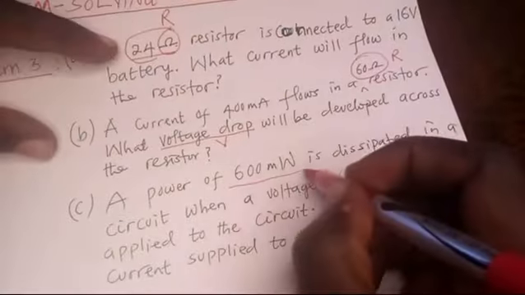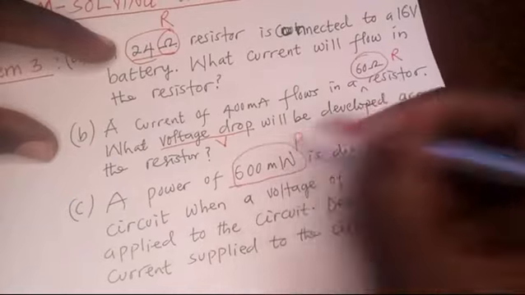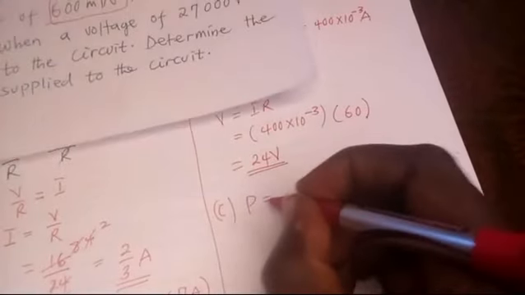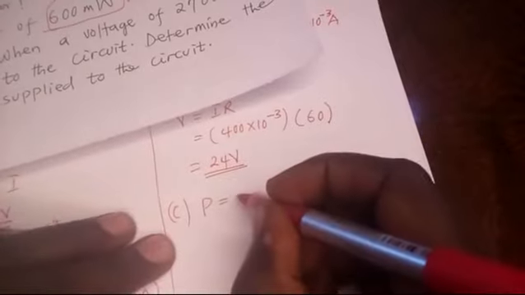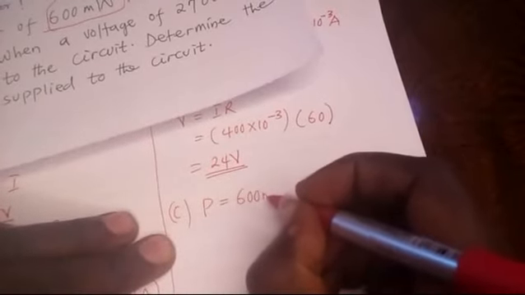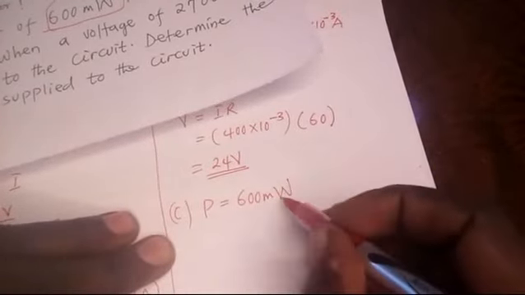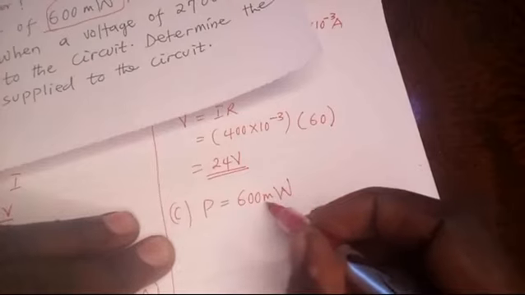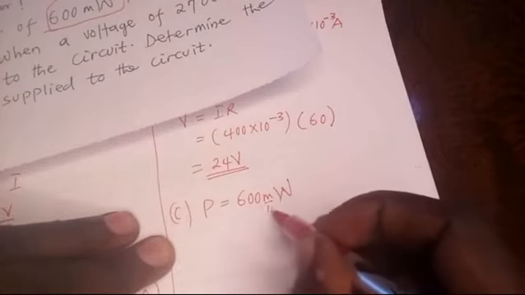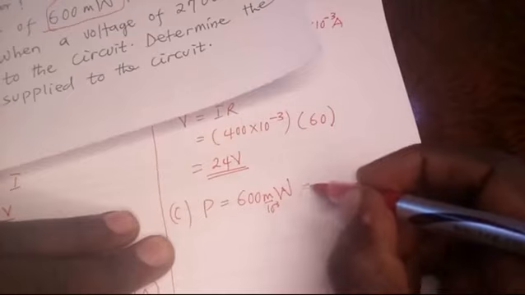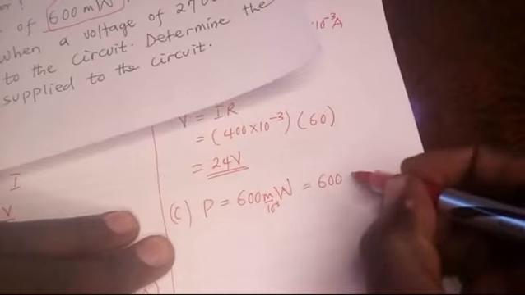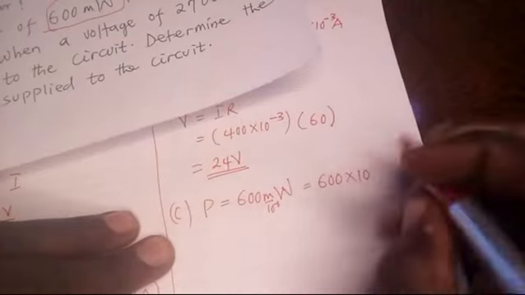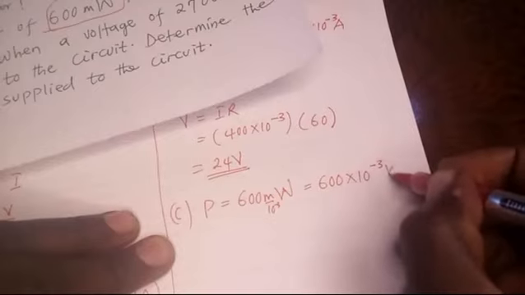This is electrical power denoted by P, so you say P is equal to 600 milliwatt. Watt is the SI unit of power, not milliwatt. Don't forget this milli is 10 to the power minus 3, so convert it to its SI unit. You just multiply the 600 given by 10 to the power minus 3, and then you put watt.